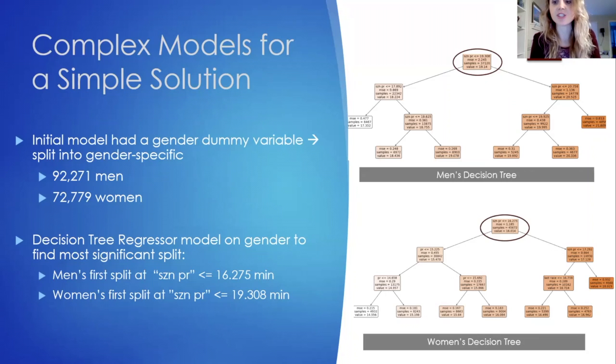On the right here are 2 decision trees I made, one for a men's specific predictive model and one for the women's specific model, which helped identify where I should segment my data, and what values were most important for each of my models to build a more simple model off of it.